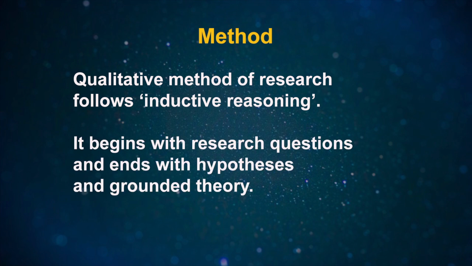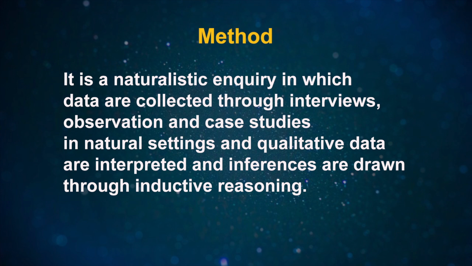Therefore, it begins with research questions and ends with hypothesis and grounded theory. It is a naturalistic inquiry in which data are collected through interviews, observation, and case studies in natural settings, and qualitative data are interpreted and inferences are drawn through inductive reasoning.